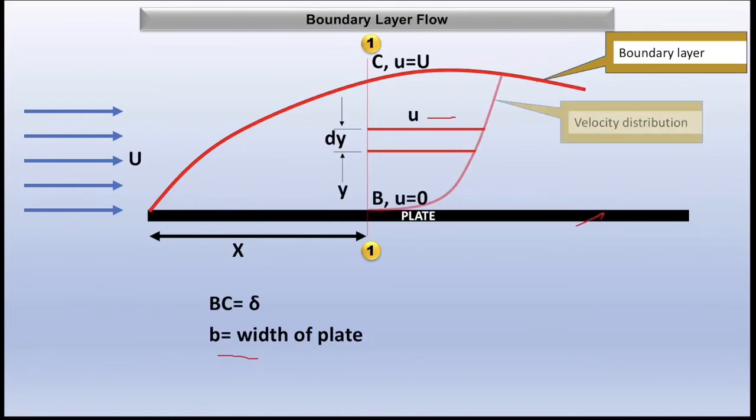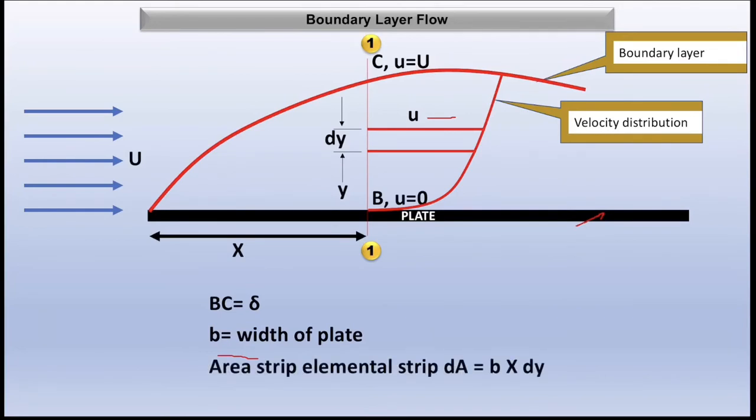Now see how we are going to derive the expression for displacement thickness. The area of this elemental strip is nothing but the width into the thickness. The width is b and the thickness is dy.